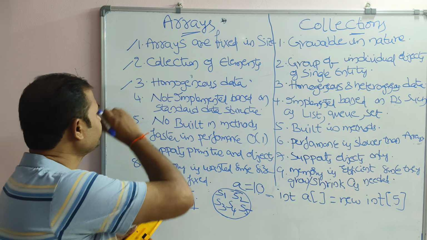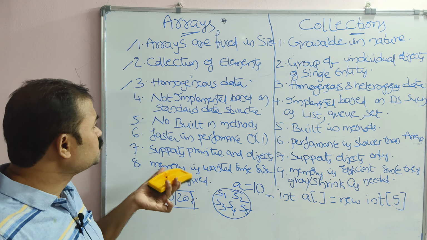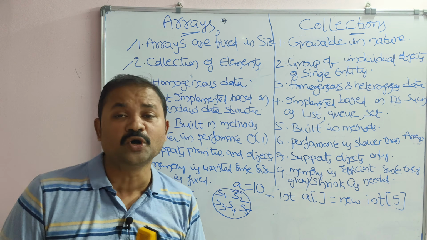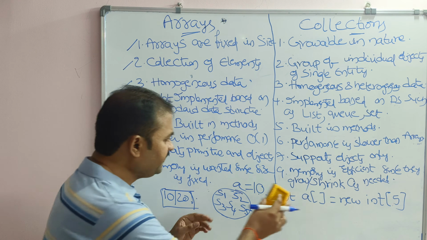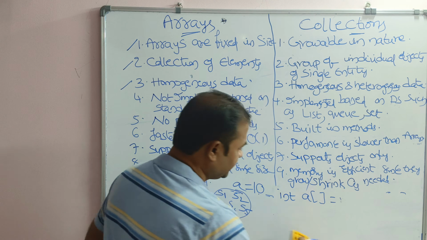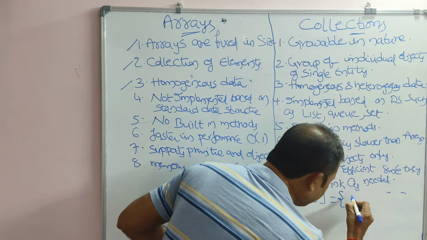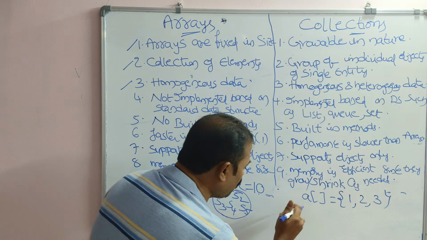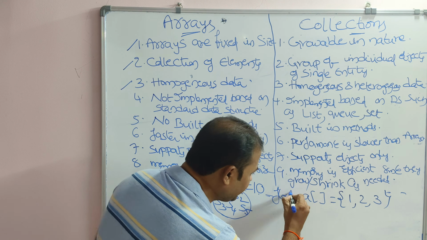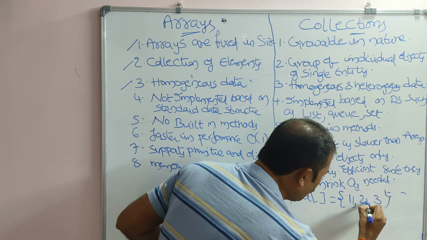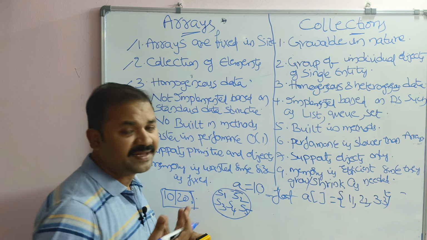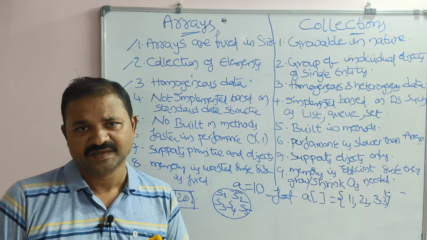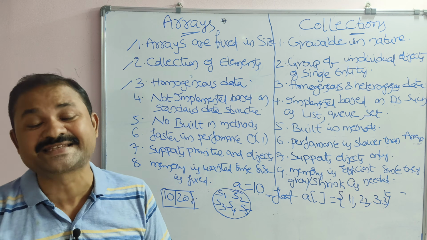Next, third point. Array can store only homogeneous data. If we take an integer array, then we can store only integer values. If we take a float array, then we can store only floating point values. If we take a string array, then we can store only strings.